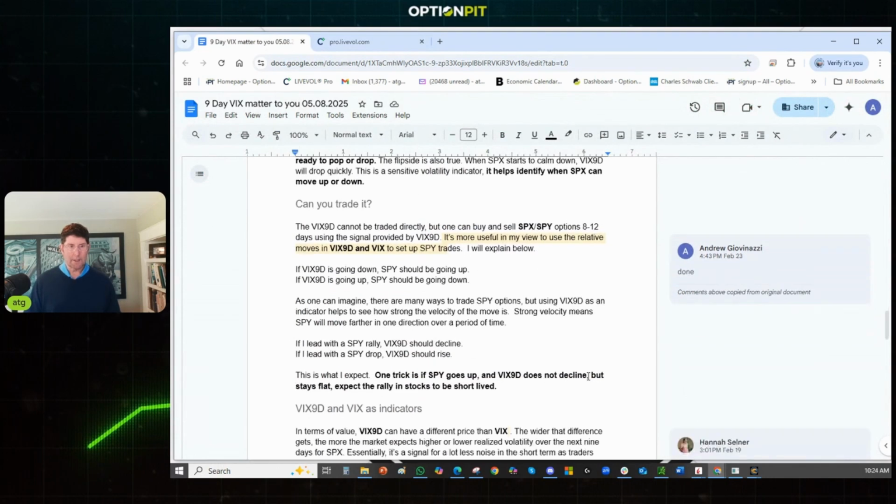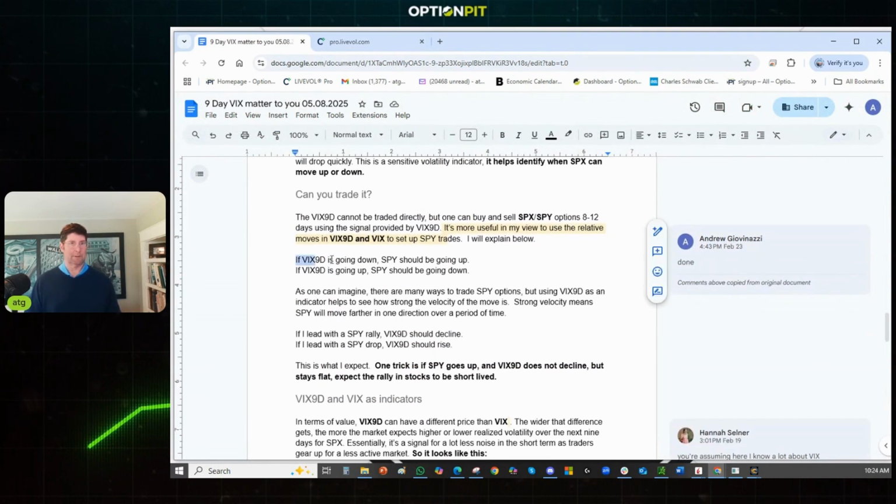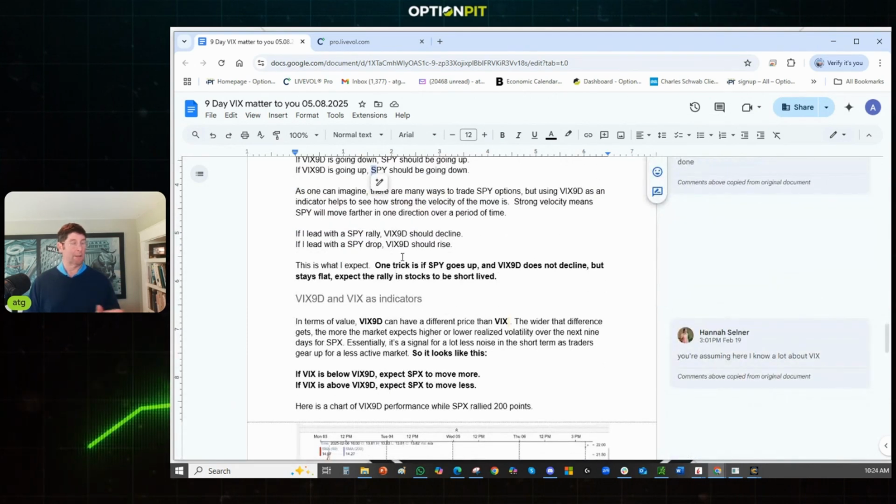So here, a couple of general trends. If 9-day VIX is going down, SPY should be going up. If 9-day VIX is going up, in general, SPY should be going down. A couple other things to note. If SPY is rallying, the 9-day VIX should be declining.